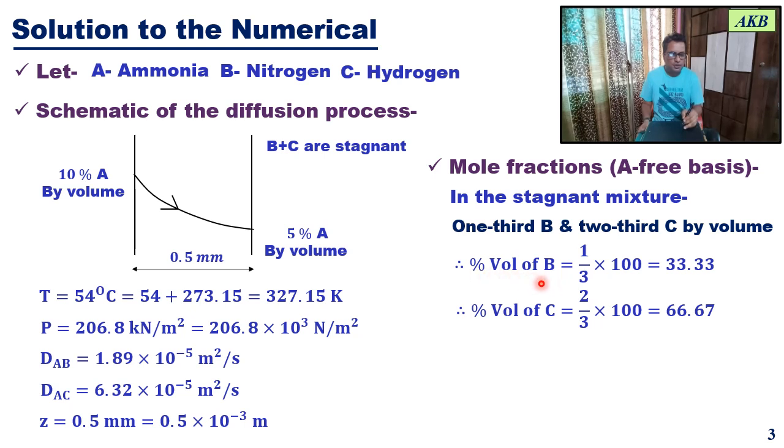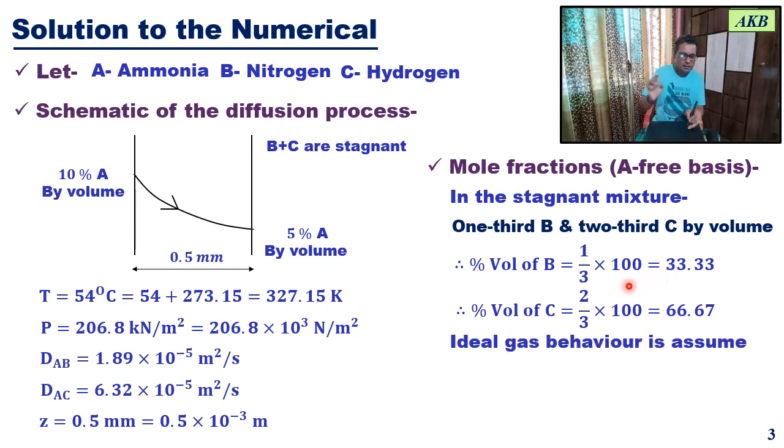So percentage volume of B in the mixture is 1 by 3 into 100. That is, out of total 3 volume units, 1 volume unit is of B. So volume percent for B will be 1 by 3 into 100, and that comes out to be 33.33%. So now we know percentage volume of B in the stagnant mixture is 33.33.